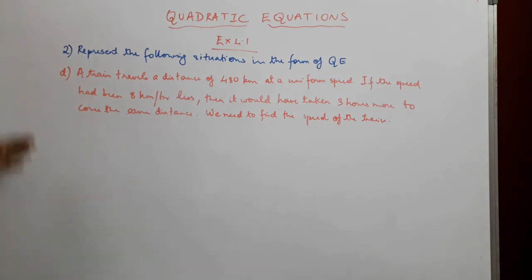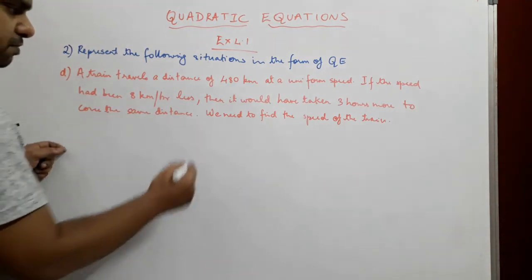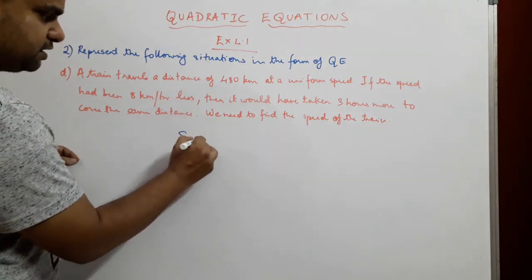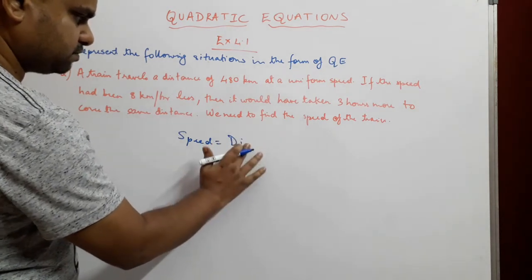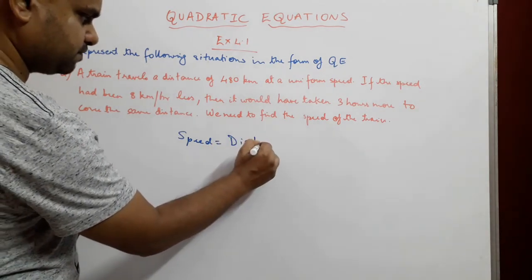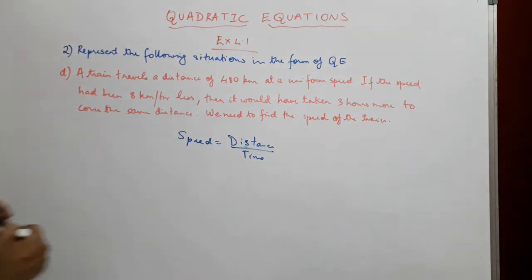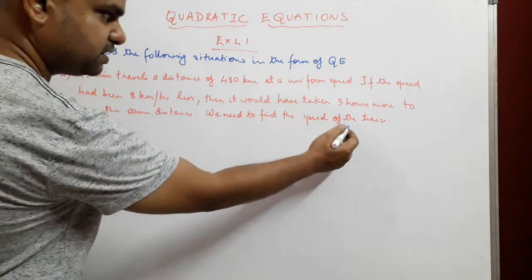Before we go ahead with assuming, we need to understand one thing. This is a speed, time, distance problem. So in order to find the speed, we know the formula: speed is equal to distance upon time. This is the formula that we learnt in class 9. What we are asked is the speed of the train.